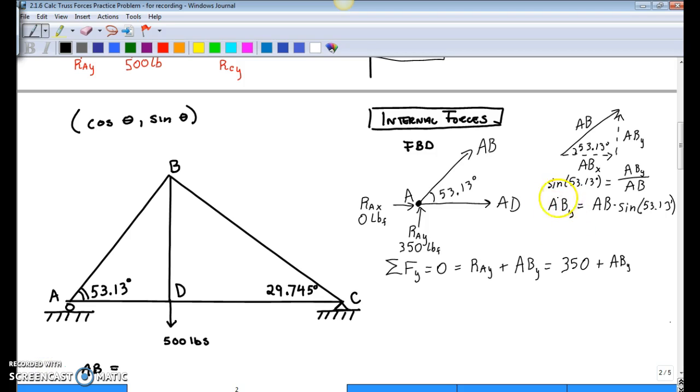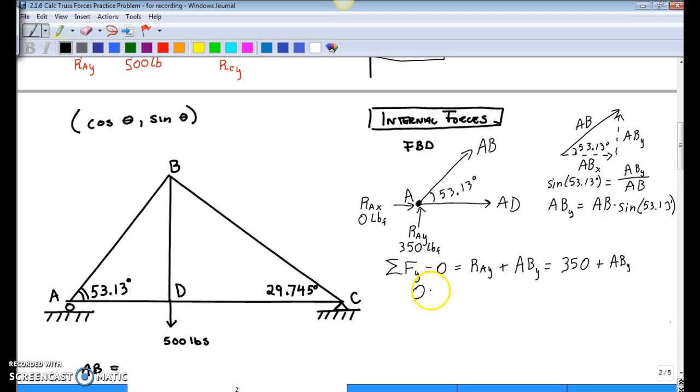So we have our ABY in terms of our magnitude AB, which is what we need in the end, the full internal force of AB. That's why we're substituting ABY in and using magnitude AB.